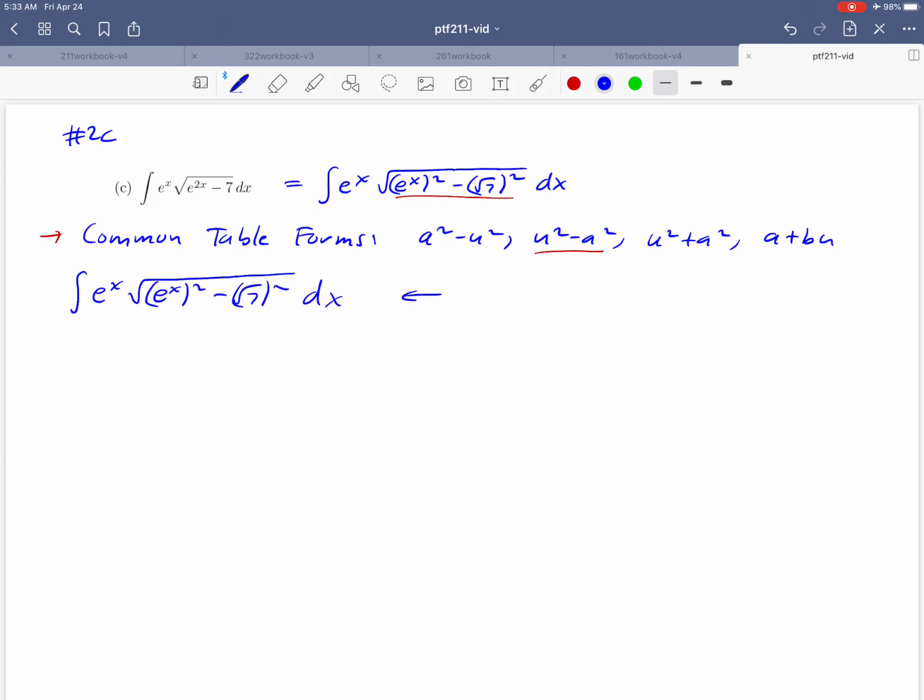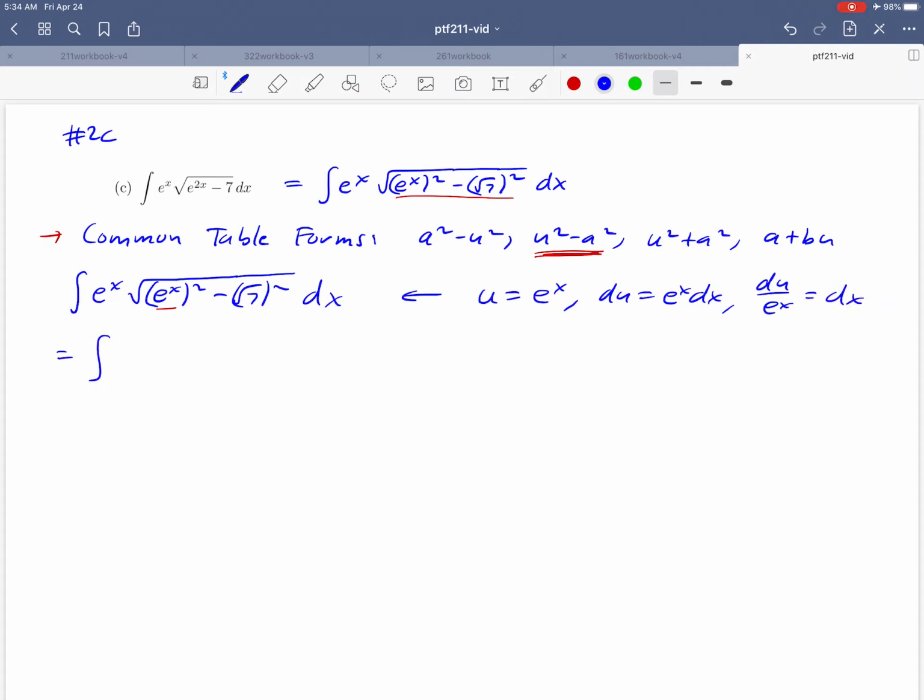And notice that because we've got e to the x squared, to make it match this form, a nice choice for u would be to just let u be e to the x. If we do that, that means that du is going to be e to the x dx, and if we divide both sides by e to the x, du over e to the x is going to be equal to dx.